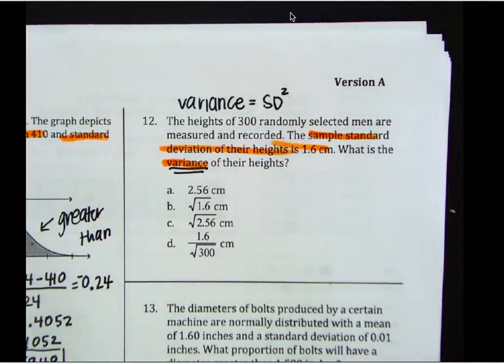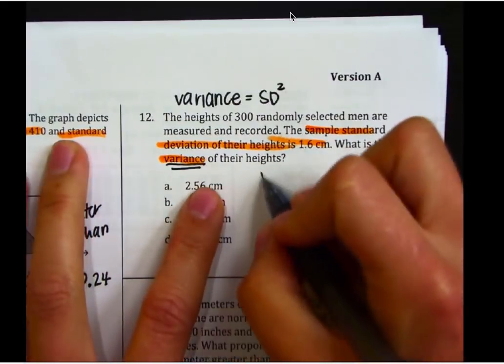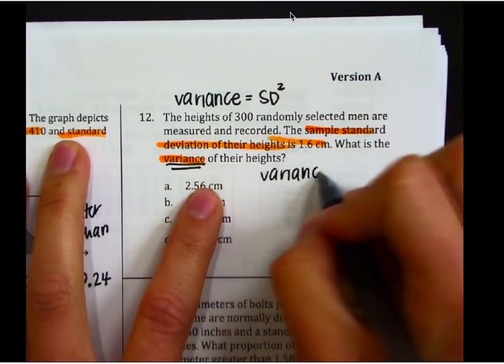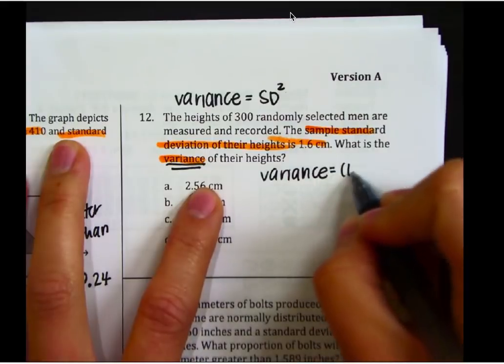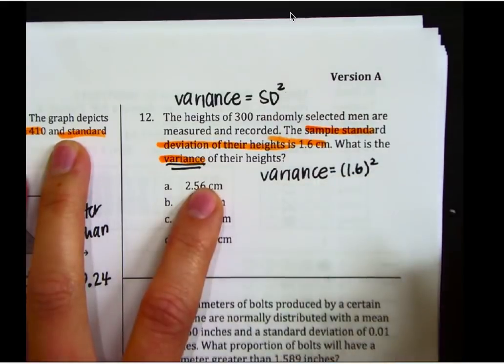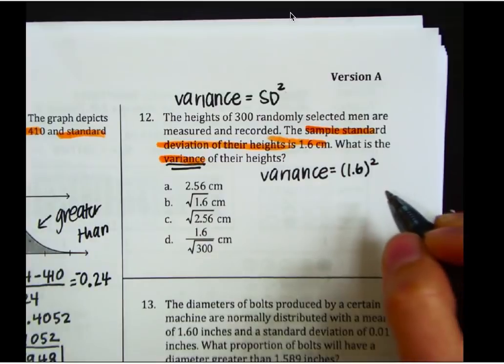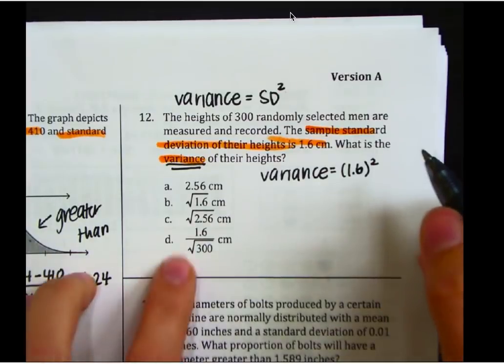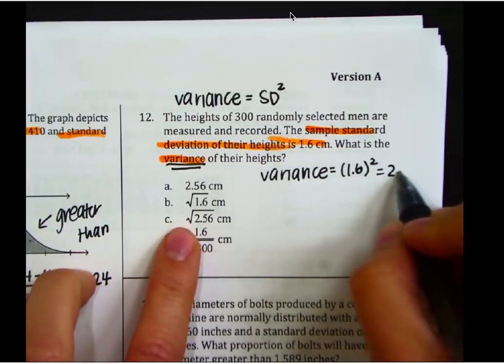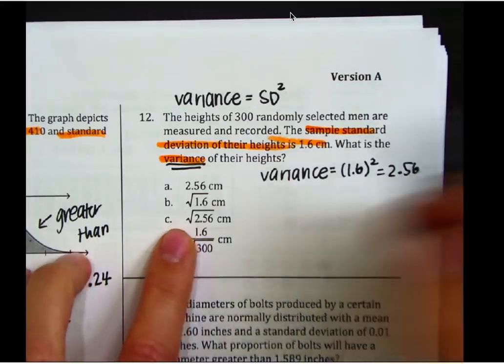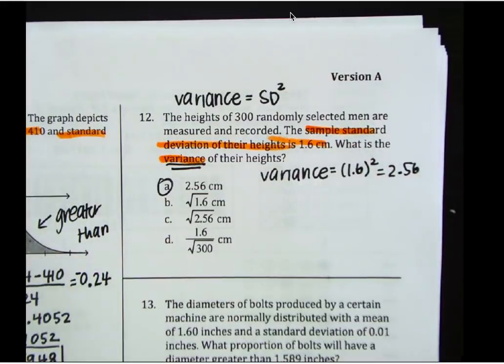So they're giving us the standard deviation is 1.6. If I want to find the variance, I just square 1.6. And 1.6 times 1.6 gives us our answer of 2.56 centimeters. So that's one way to look at it.